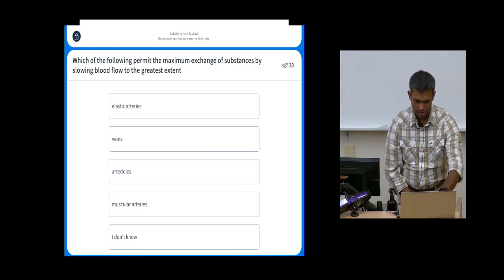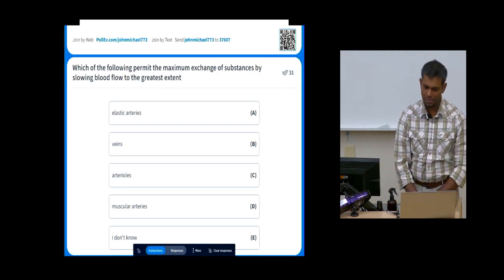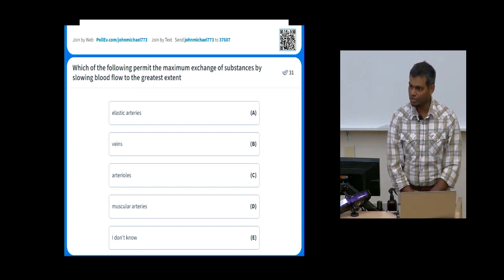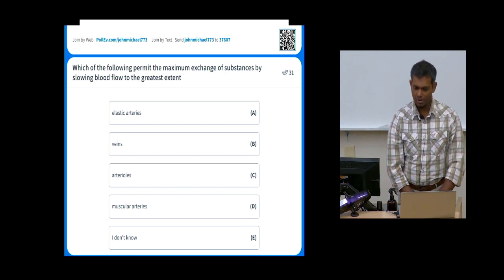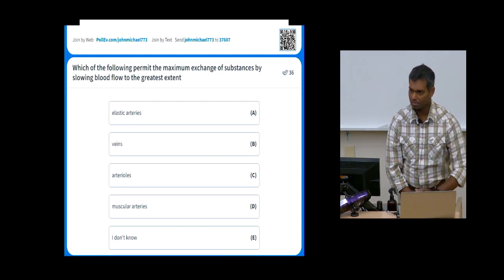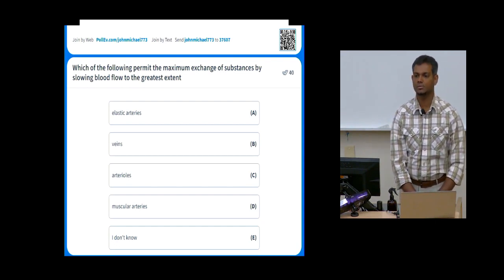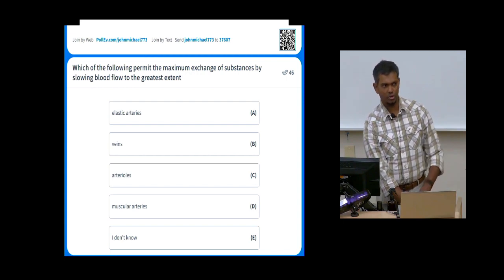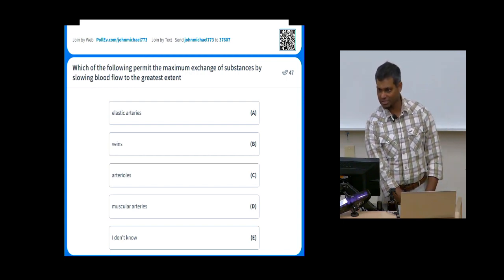All right. So moving on, which of the following permit the maximum exchange of substances by slowing blood flow to the greatest extent? Is it when blood flows through the elastic arteries, veins, arterioles, or muscular arteries? To answer this question, you need to know the order in which the various blood vessels branch.